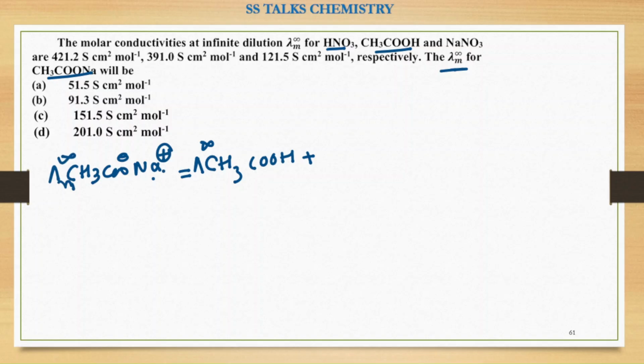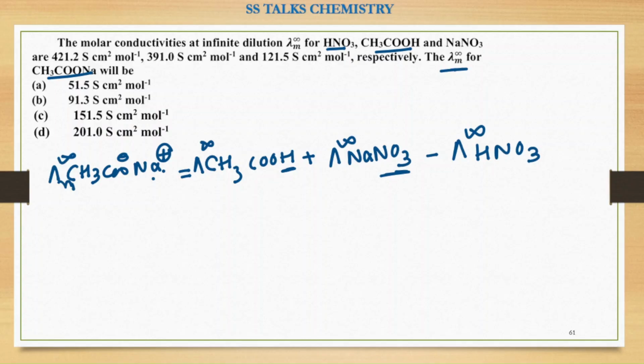And we need the sodium ion, so for that we need the molar conductance of sodium nitrate. Along with this, the extra ions coming in are the hydrogen from the acetic acid and the nitrate ion from the sodium nitrate. So the molar conductance at infinite dilution for nitric acid has to be subtracted. Now just substitute the values.